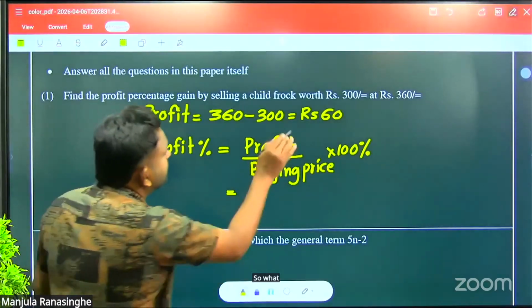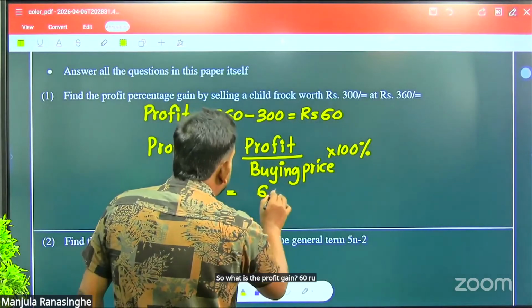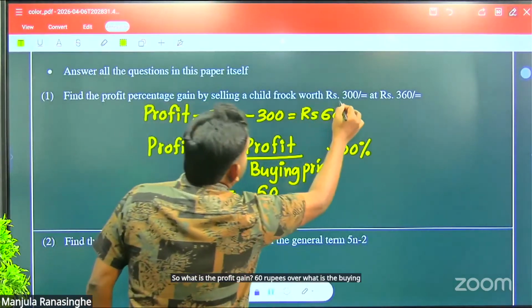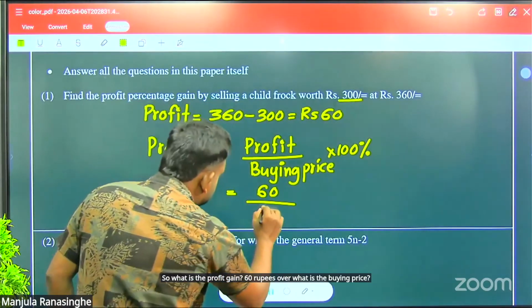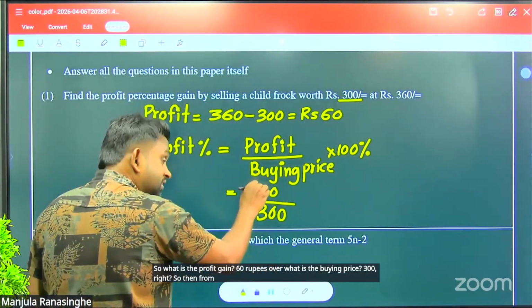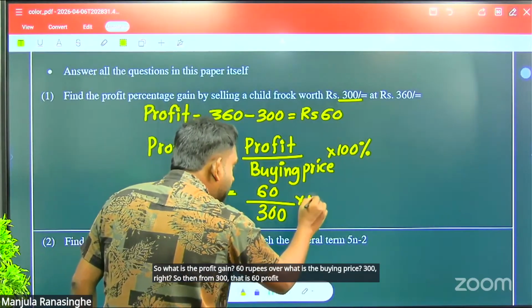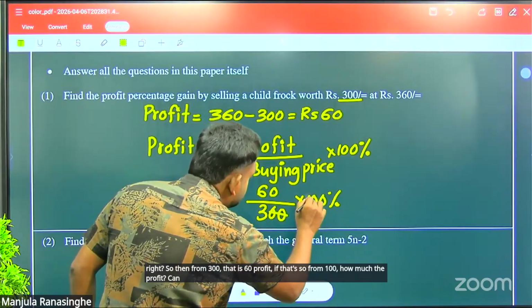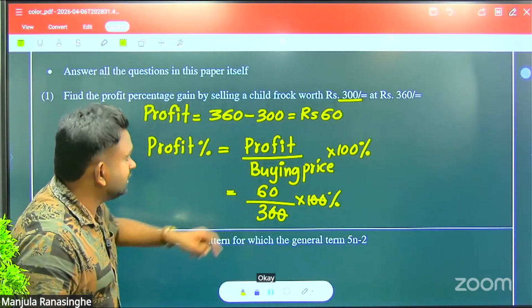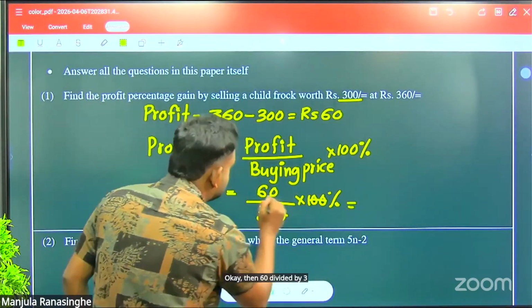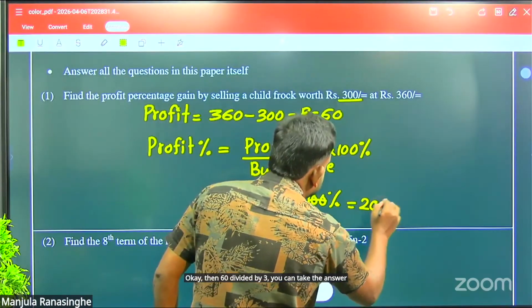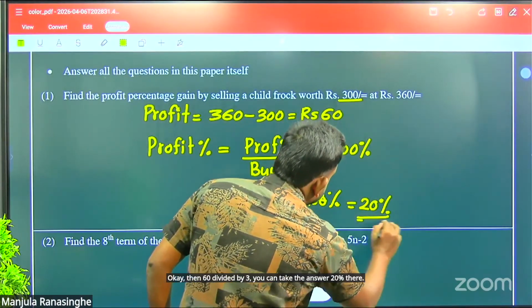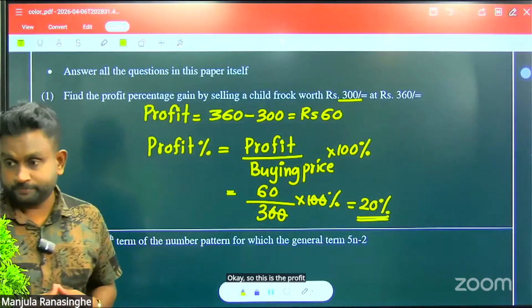So 60 rupees over the buying price 300. From 300, the profit is 60. If so, from 100, how much is the profit? Simplify the two zeros, then 60 divided by 3 gives 20%. So this is the profit percentage.